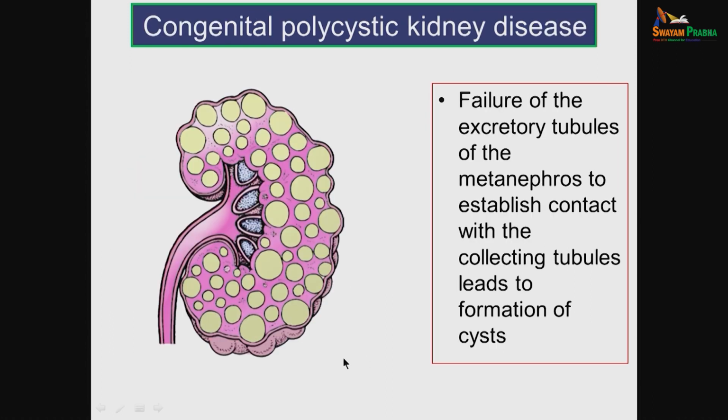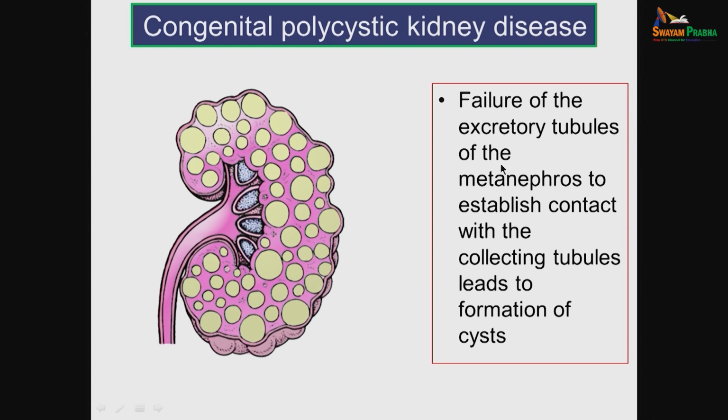Next is a clinical condition which is called congenital polycystic kidney, where you can see a lot of cysts within the kidney. We have already learnt that the excretory tubules of the metanephros should contact the collecting tubules. The ureteric bud comes in contact with the metanephric blastema, induces the metanephric blastema to form the nephrons which connect with the collecting tubules, which is derived from the ureteric bud.